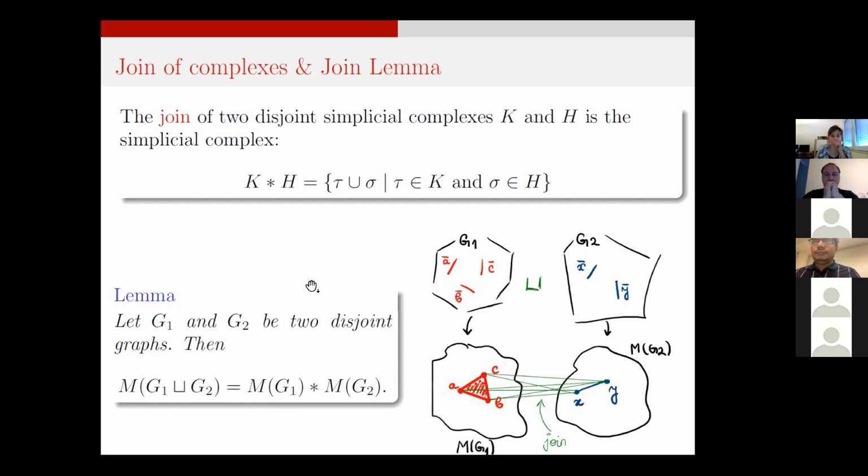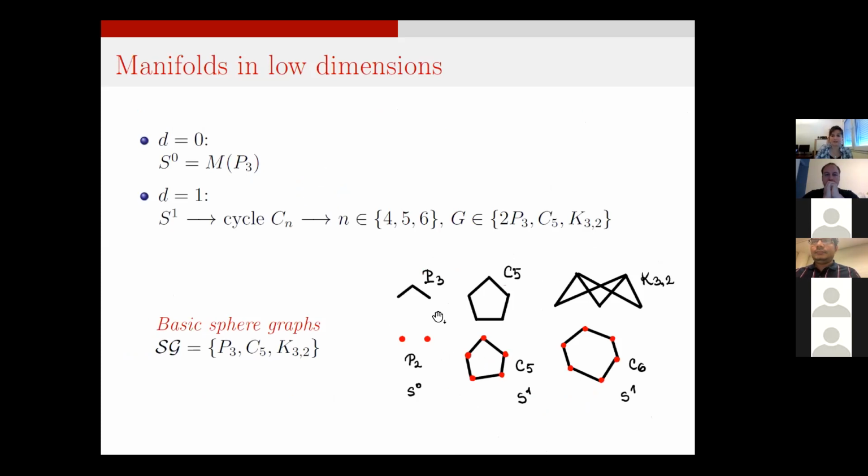And what do we get from this fact? Well, let me remind you that from these small graphs, I get spheres. Very small spheres, but still spheres, S0, S1, S1. And what would I get if I took a bunch of copies of these small graphs?